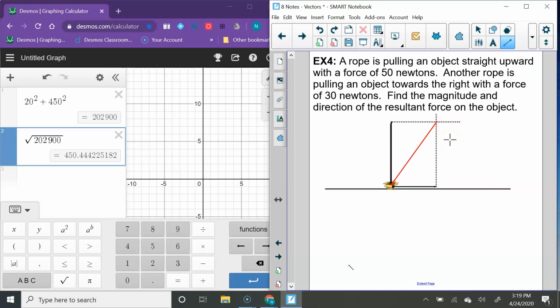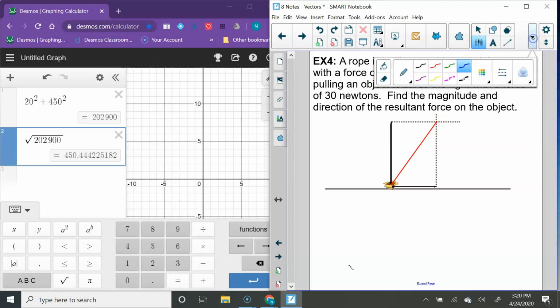And so this is the direction that the box would actually travel when you have both of those ropes pulling on it. You could think of maybe a crane or something when you're trying to get something in place perfectly. You might have the crane pulling it upward, but then you also might have another rope to pull it into place where you need it.